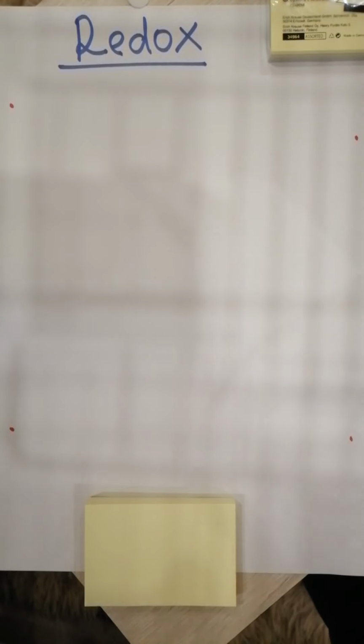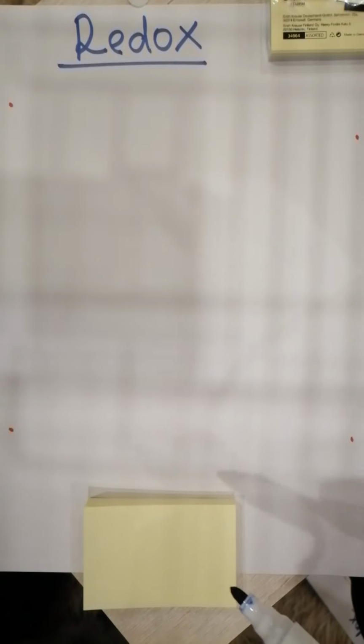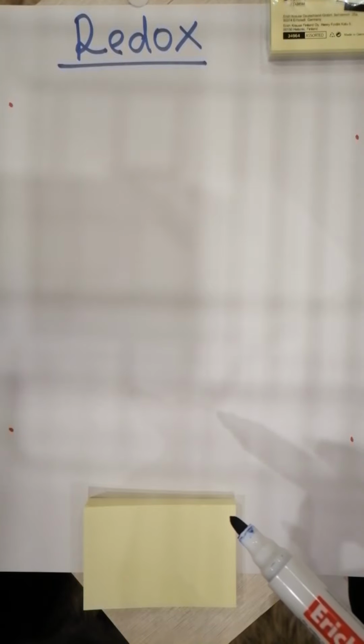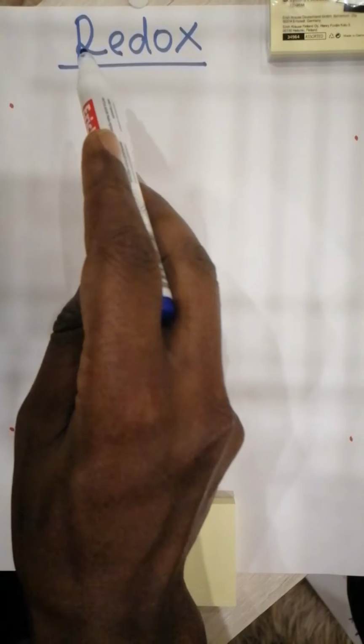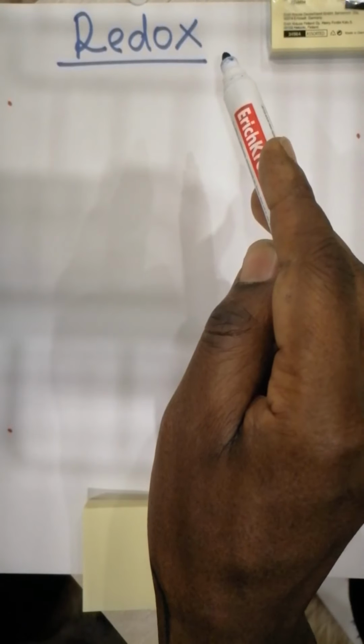Hello, students. In this lesson, we want to talk about a redox reaction. Let's start by defining redox reaction. From the word redox, we have two words, reduction and oxidation.